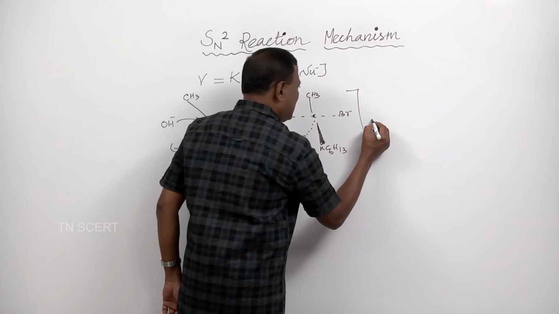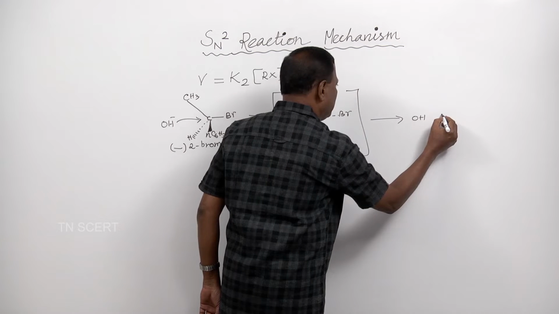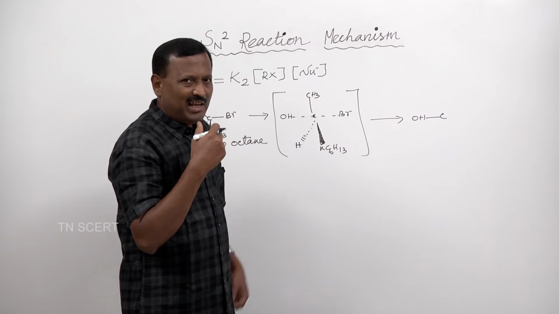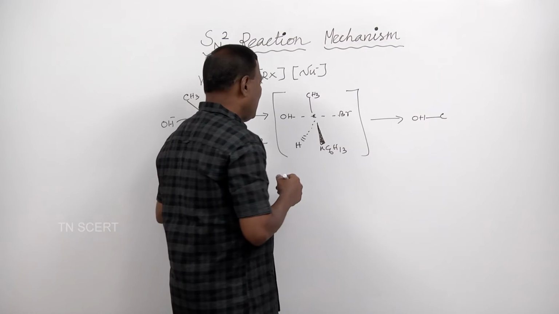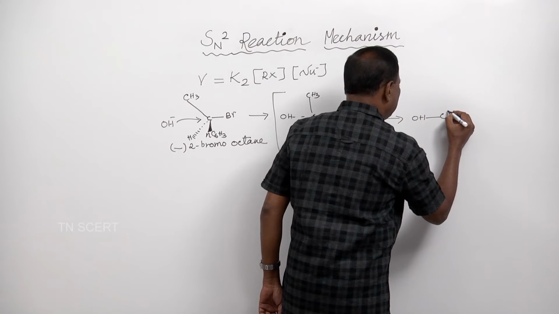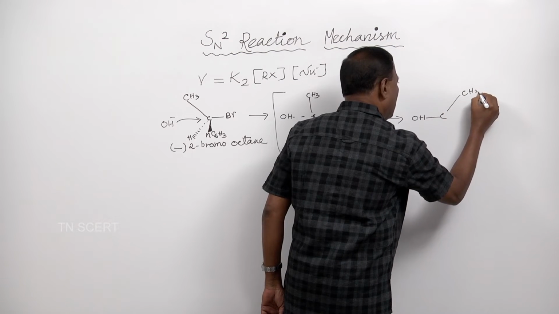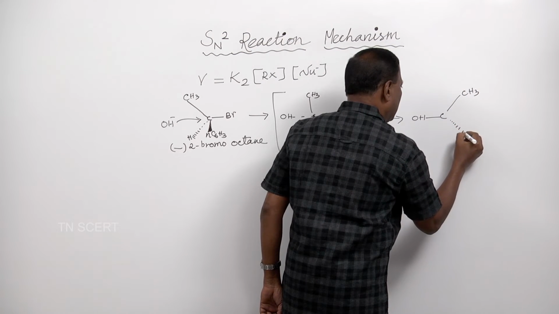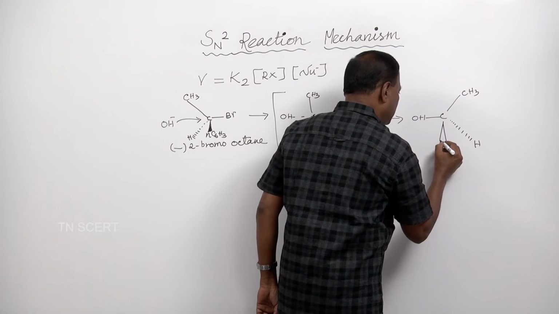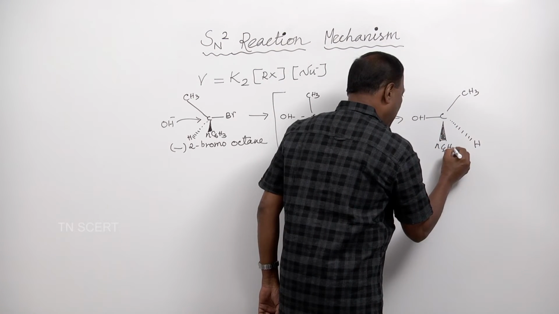And in the next step, this bond is completely formed between OH and carbon, and this bond is completely broken and Br minus is released. Here this hydrogen and CH3 form an inverted structure. You write this N-hexane, C6H13.